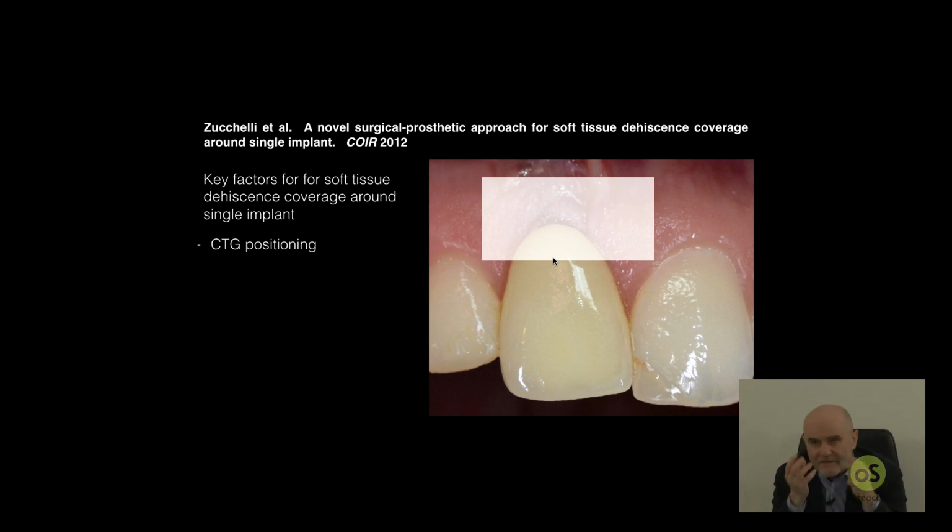I don't know. And so the only area in which I could think that this graft can be taken with the right thickness to survive with this very, very critical thickness is only the area of the tuberosity, because there is no way to have such a thick graft in any other areas of the palate.